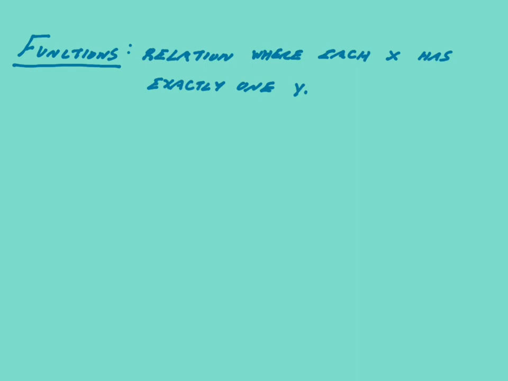We can also state this as a relation where each domain has exactly one range, or a relation where each input has exactly one output. So let's give you an example of a function.